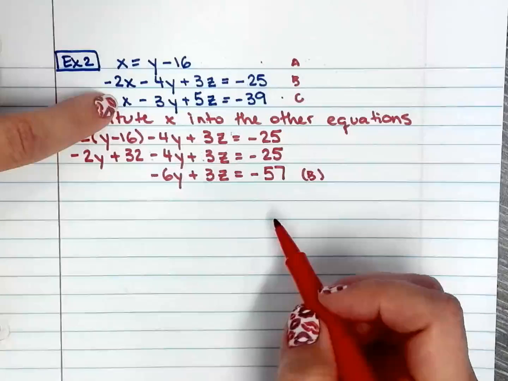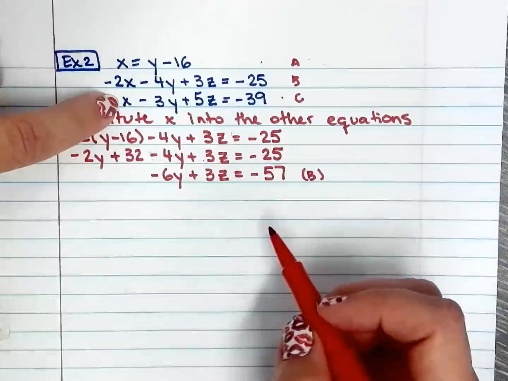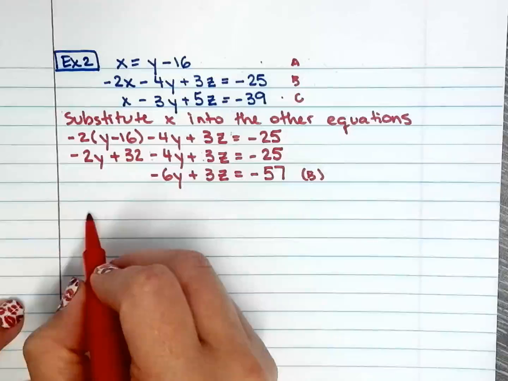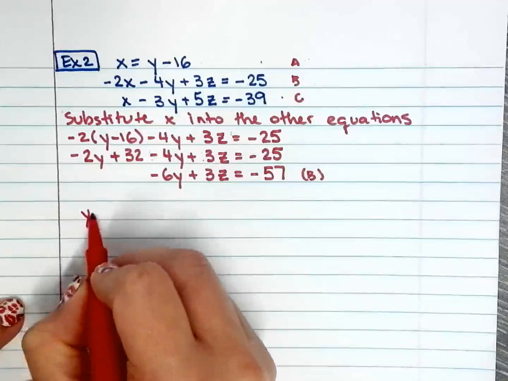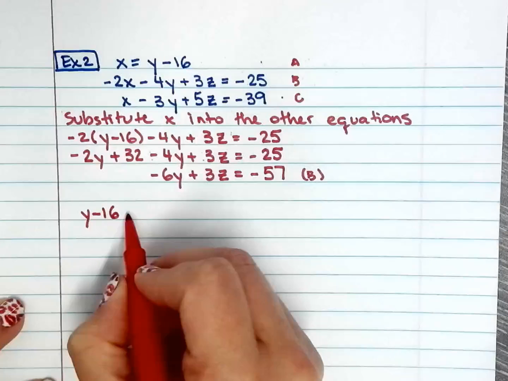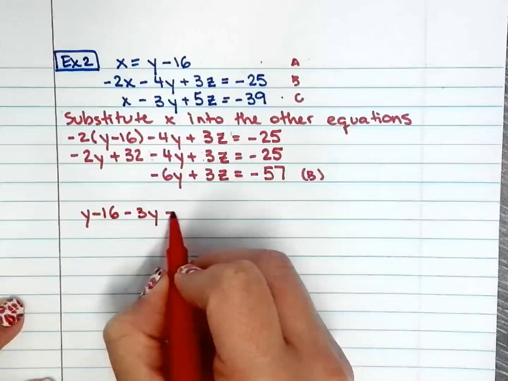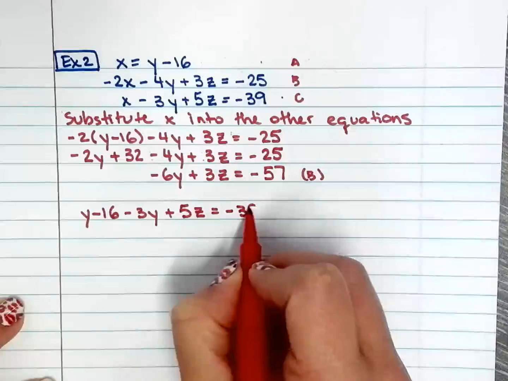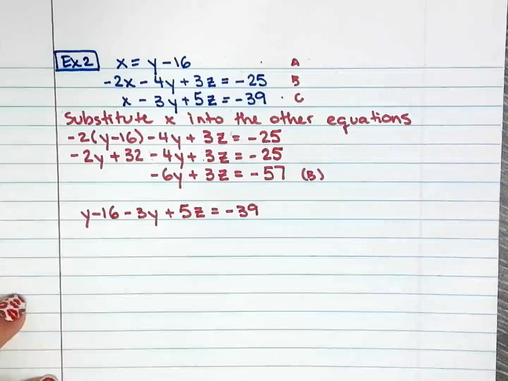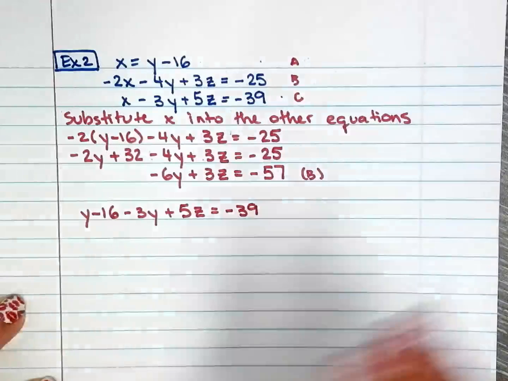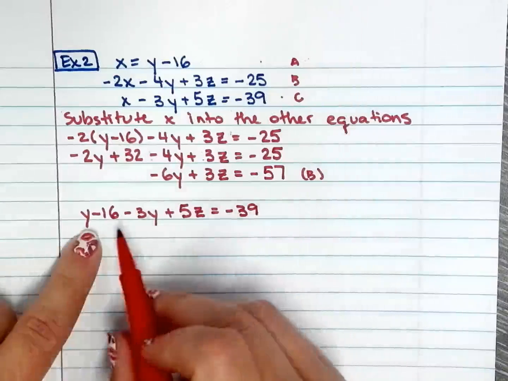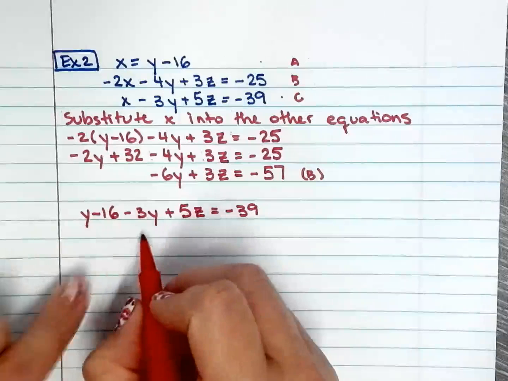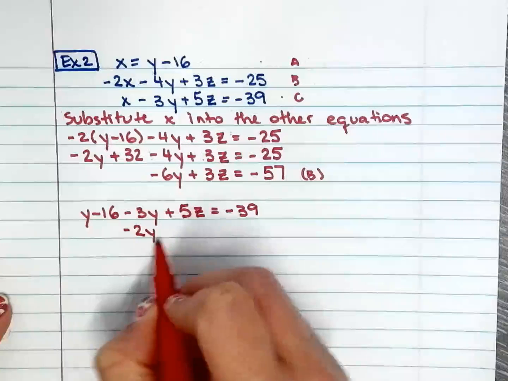Okay, we're going to do the same thing for the C equation. There's nothing to distribute, so I will just combine like terms.